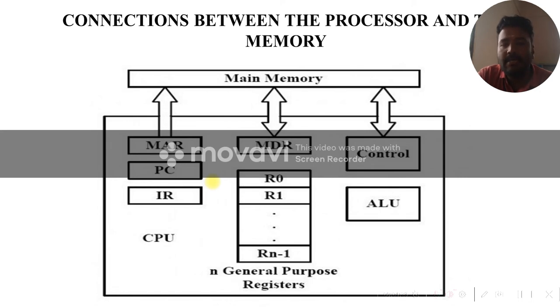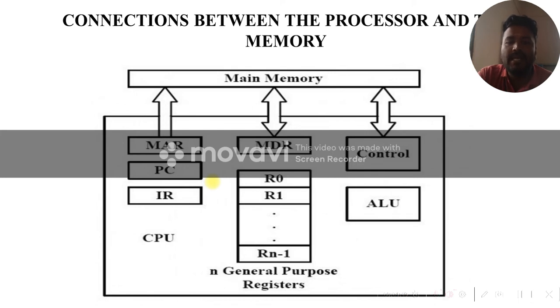Next is the control unit and the arithmetic and logic unit. So MAR, PC, instruction register, MDR, R0, R1, R2 up to Rn-1, these general purpose registers, and the control unit and arithmetic and logic unit are all mainly needed for interacting with the processor in computation over different kinds of memory spaces.